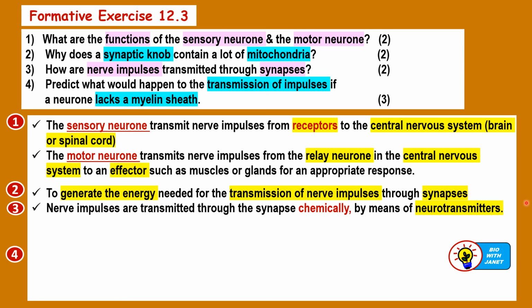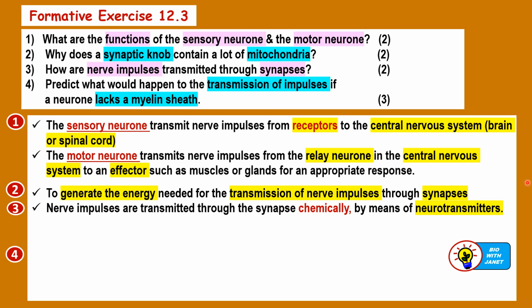Now answer. Nerve impulses are transmitted through the synapse chemically by means of neurotransmitters. Not neutro, it's neurotransmitters. Some people like to write neutro. So it's neurotransmitters. Now there's 1 mark for this term, neurotransmitters. You can also give examples like acetylcholine, dopamine, or serotonin.